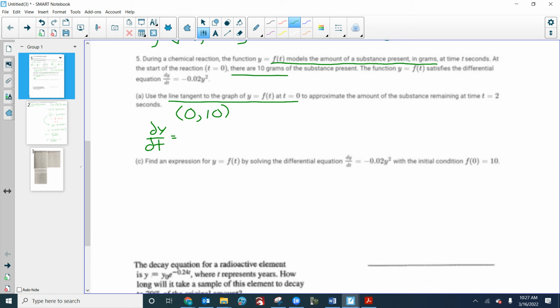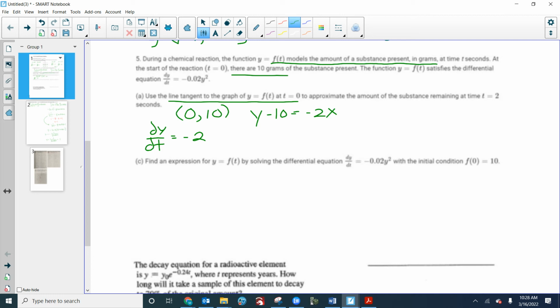I could also plug in 10 for y, right? Here's the dy dx. What's 10 squared? 100 times negative 0.02. What is it? Negative 2. Okay, so y minus 10 equals negative 2 times x minus 0, which is just x.